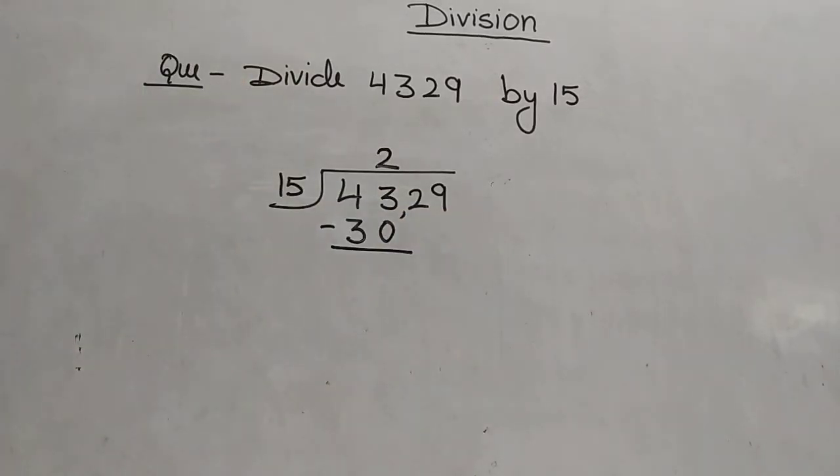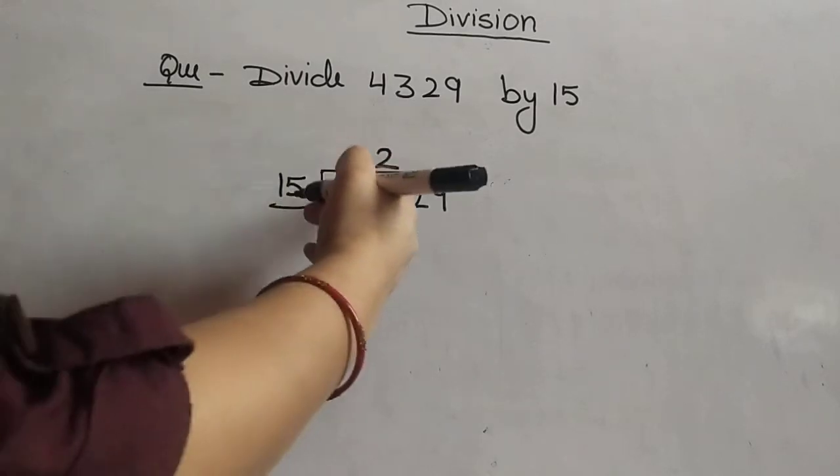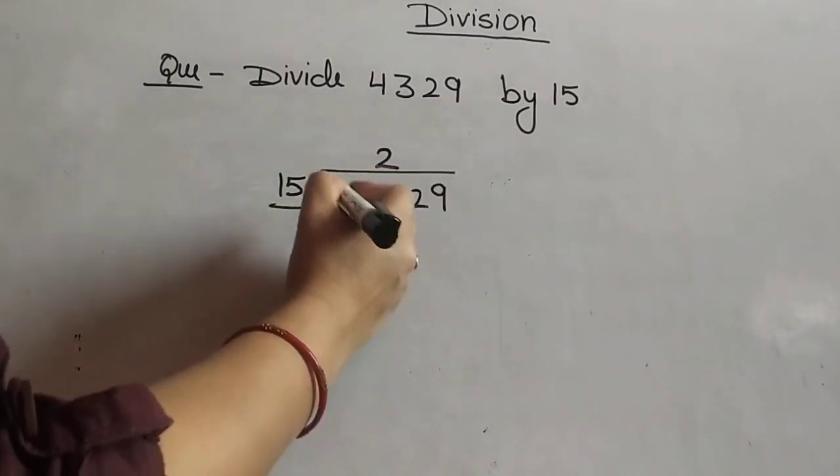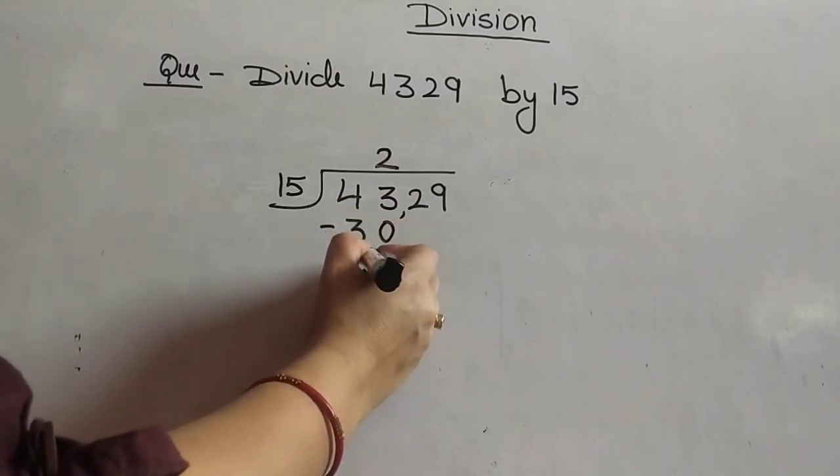Now, the next step, subtract 30 from 43. 3 minus 0, 3, 4 minus 3, 1.